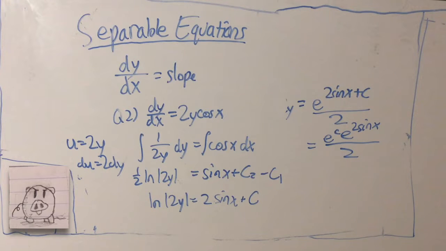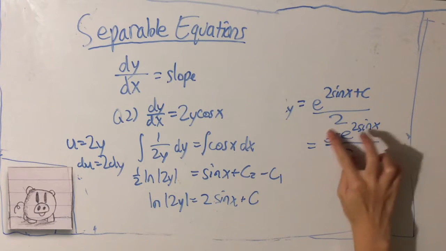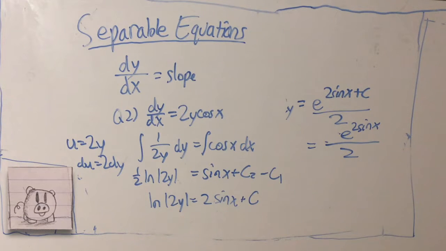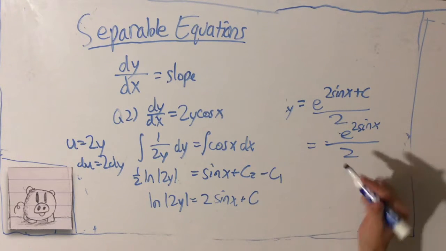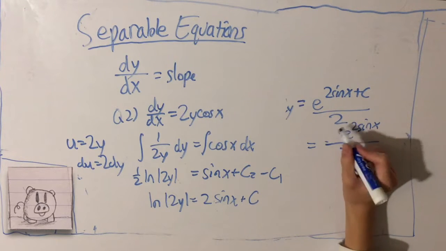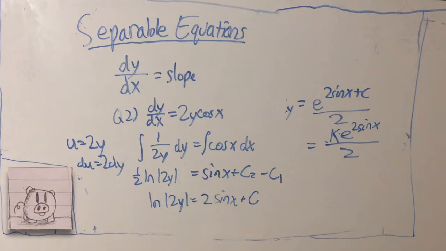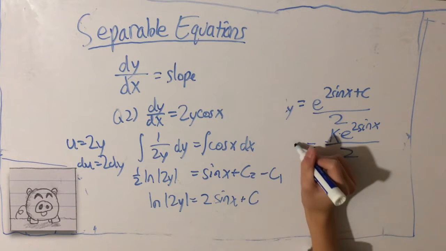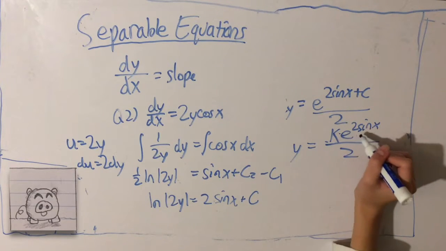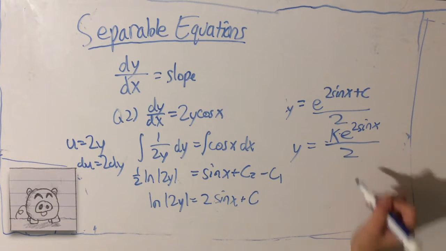However, c is an arbitrary constant, so once more we can let e to the power of c be rewritten as another constant. This time, we'll call it k. Hence, we get y is equal to k times e to the power of 2 sine x over 2.